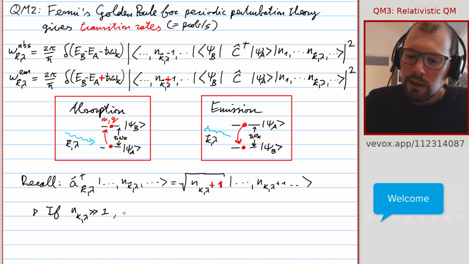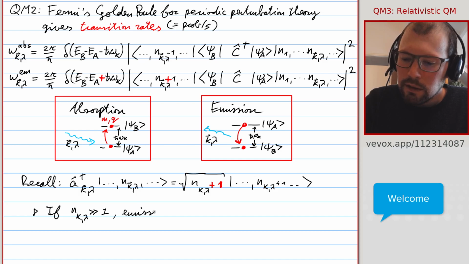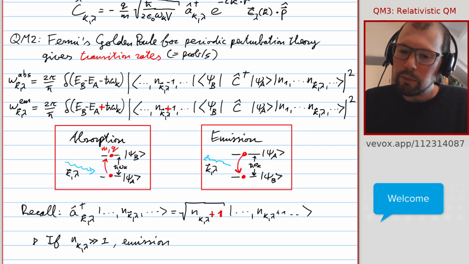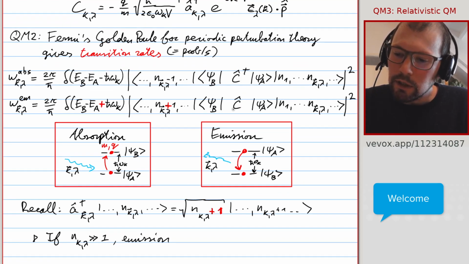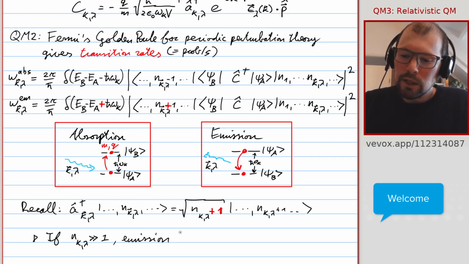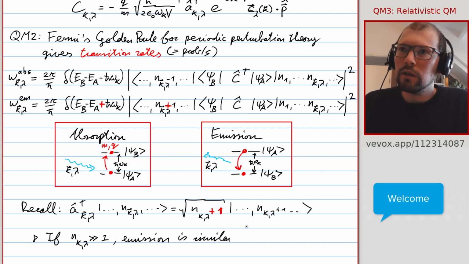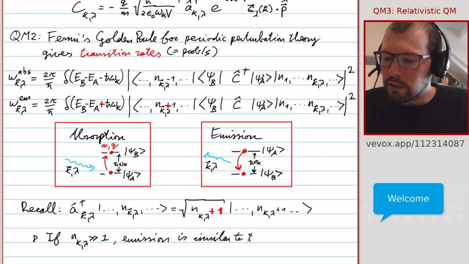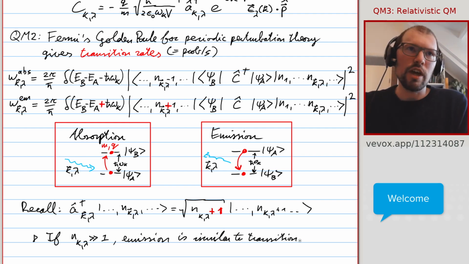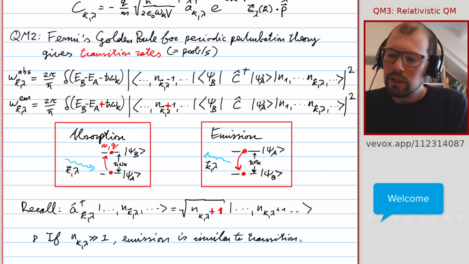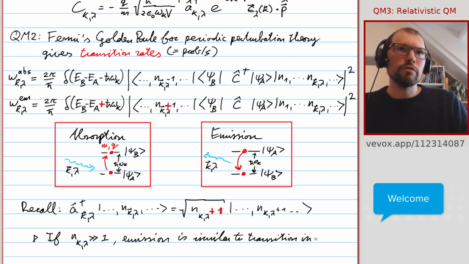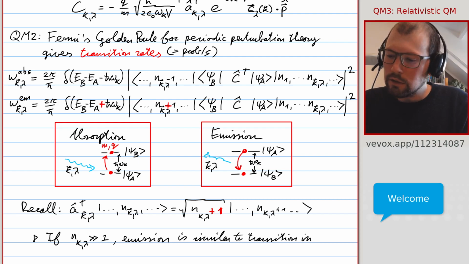So that means that emission, because this is the operator that appears in this particular matrix element, is similar to the transition of these energy levels that would happen if you only had a fixed classical electromagnetic field.